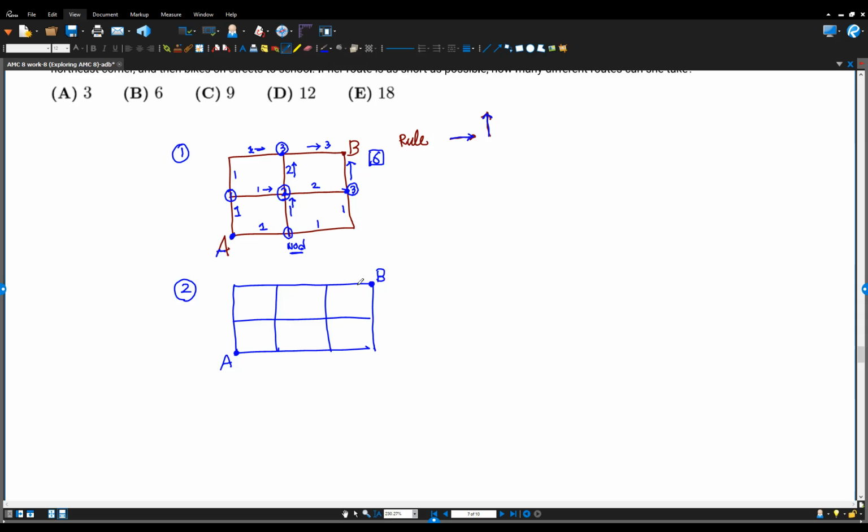Four. Or it should be more than 6. This is already 6. 2 by 2 is up to here. 2 by 2 is 6. It should be more than 6, not 4, okay?